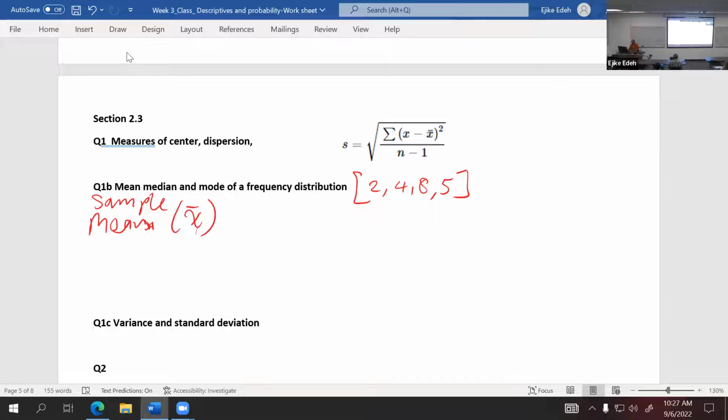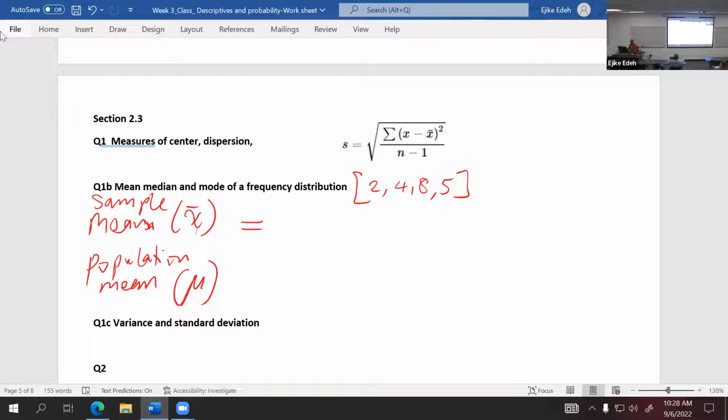The population mean is given by the symbol mu. Most often you're asked to calculate the sample, but whenever you're asked to calculate the population value, it is more or less theoretical, because in real life you never get everybody. You just take a sample to do your estimation.